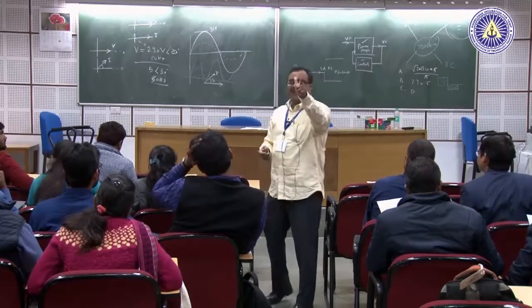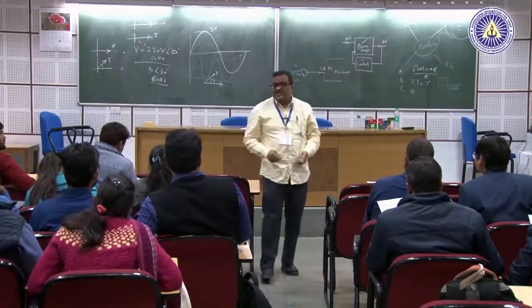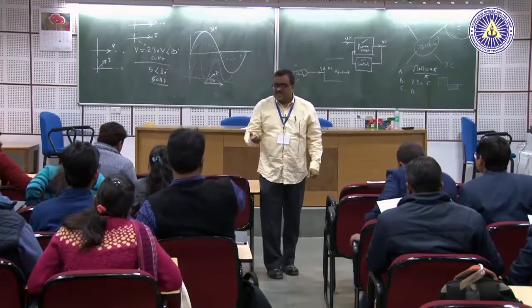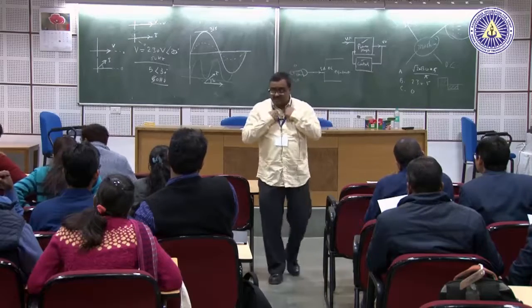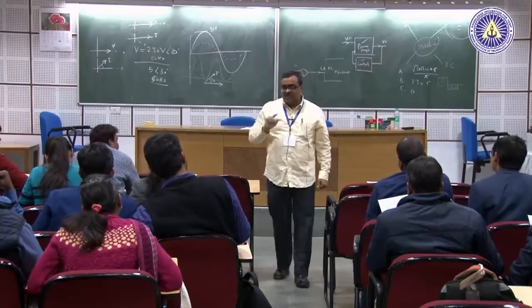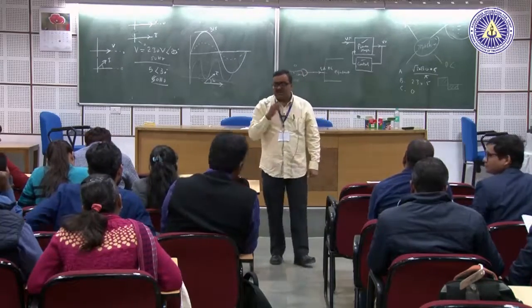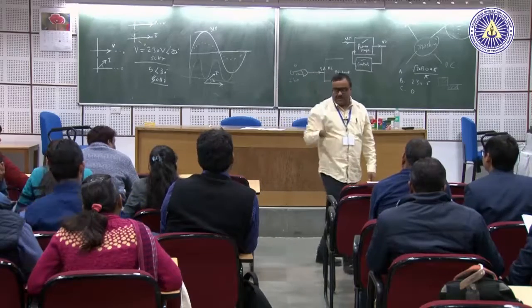IGBTs can be turned on by a gate and turned off by a gate. We are not dealing with line commutation. Line commutation means turn on is our control, turn off is God's control. No, it is not like that. The modern devices are turned on and off by us. So, it has to be electronics.